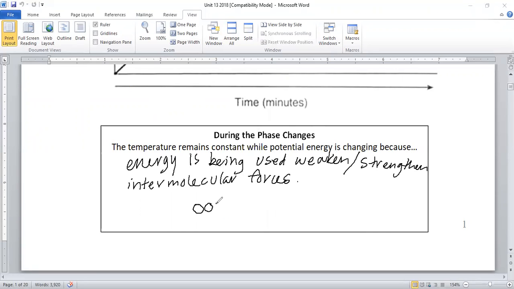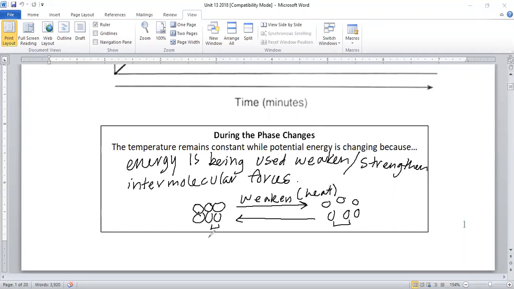So let's say we are in a solid form and we're changing into liquid form. Remember, intermolecular forces are the attraction between your molecules. So as you're heating up, those forces are weakening. So this is for heating. If you're cooling down, those forces are strengthening because you're coming closer. They just threw a snowball at the window where I'm working.